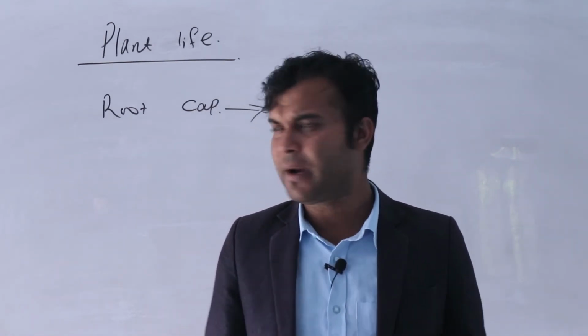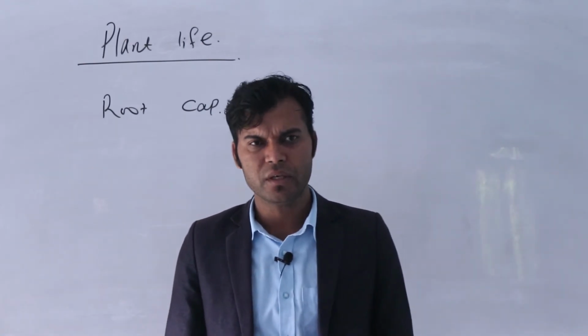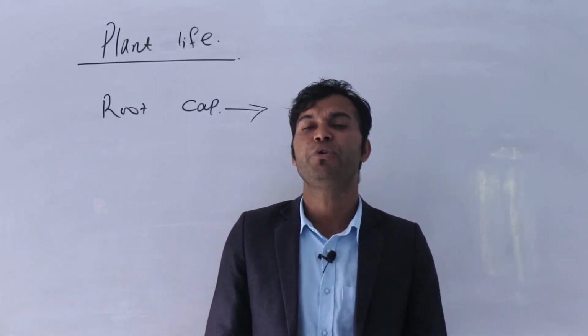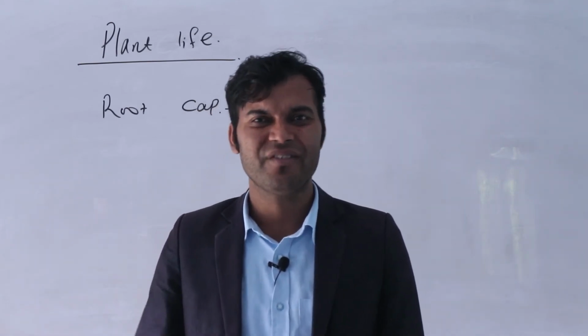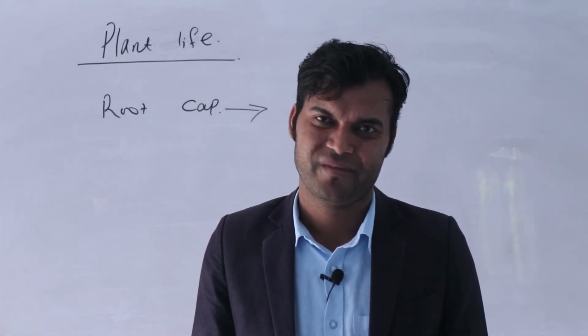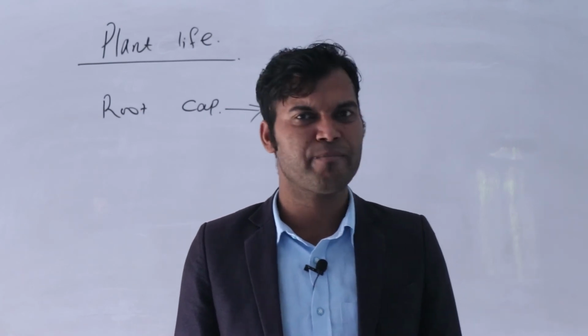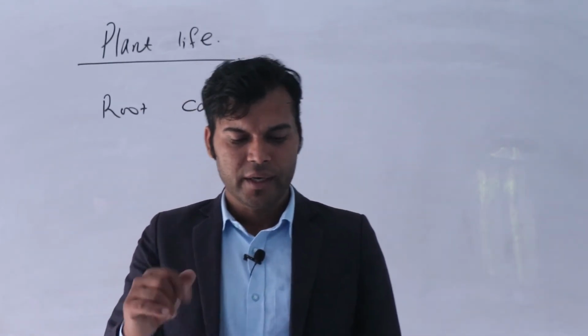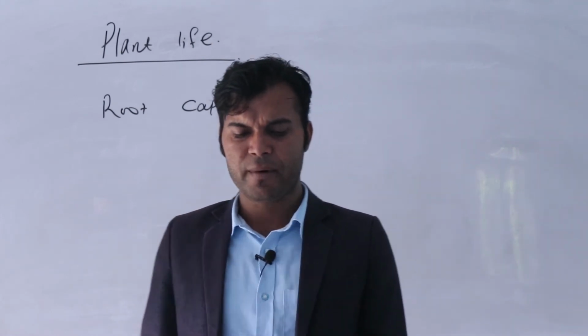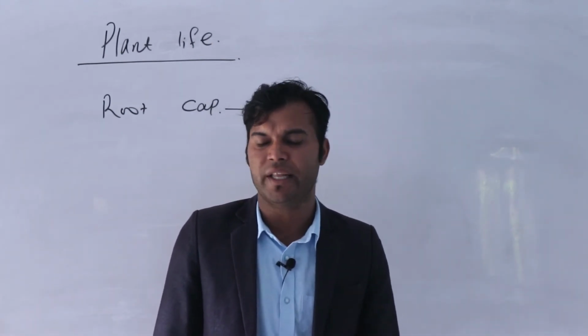Leaves are developed, flowers are developed, and fruits are also developed from the stem or branches. Branches are part of the stem, isn't it? Okay, student. Next one, like roots, the stem of some plants stores food. Like roots, in some plants, the stem also stores food in them.